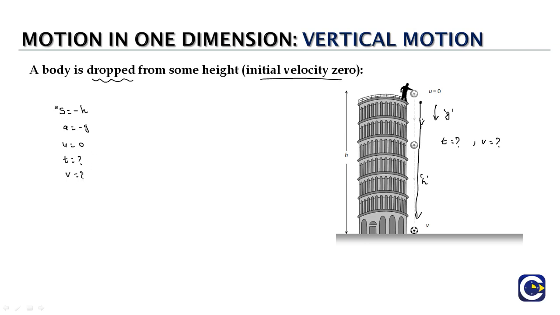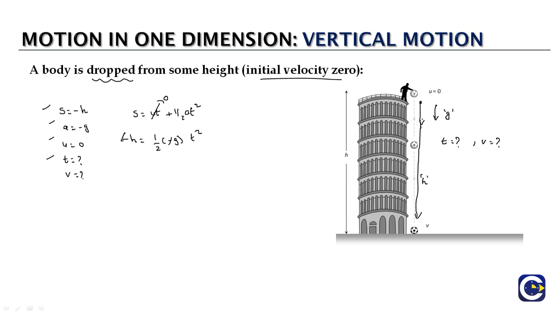So first when we look at these variables s, a, u and t, we have the equation s is equal to ut plus half at square. So substituting the values, minus h is equal to initial velocity 0, so this term will become 0, half into a is minus g into the t square will come.